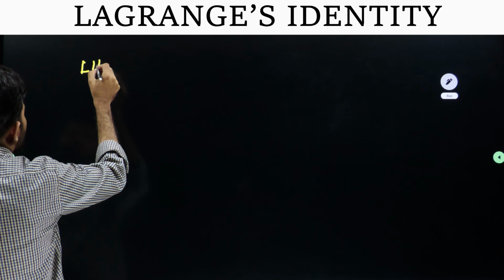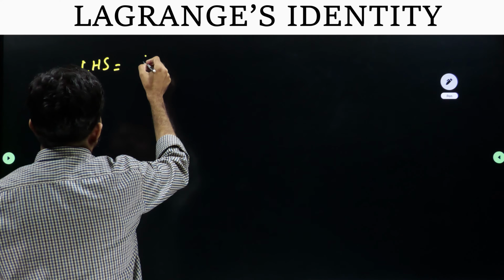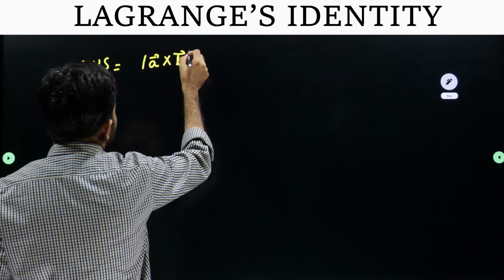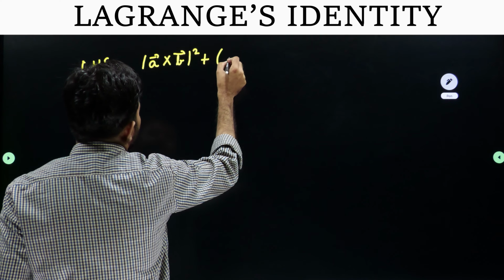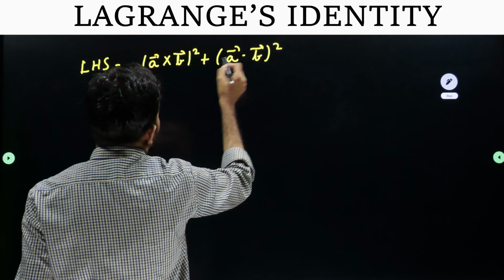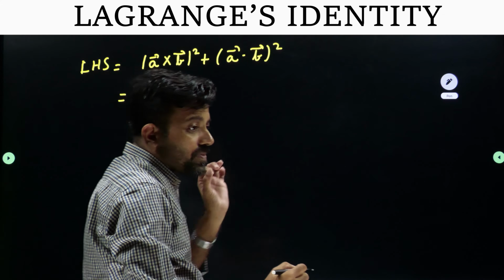LHS is equal to magnitude of A cross B square plus A dot B square. What is magnitude of A cross B?